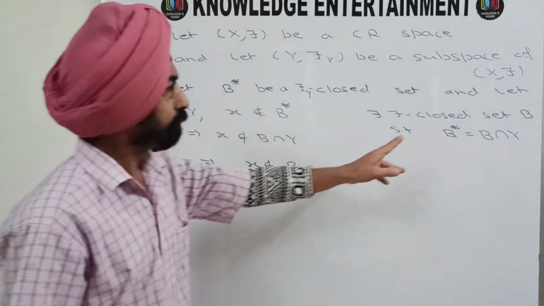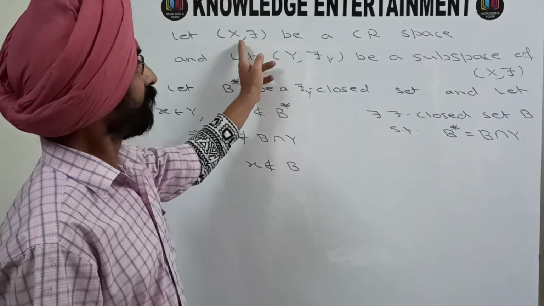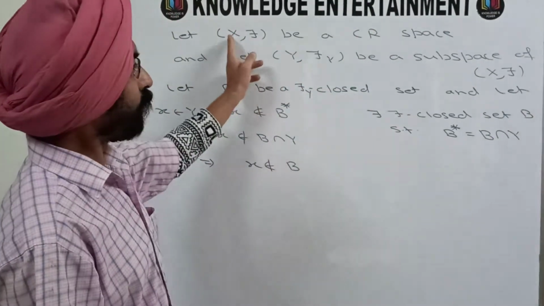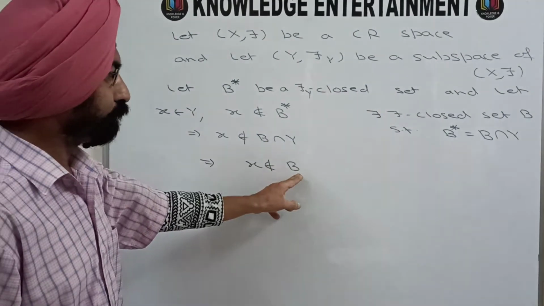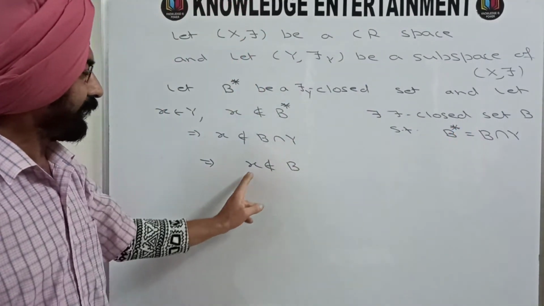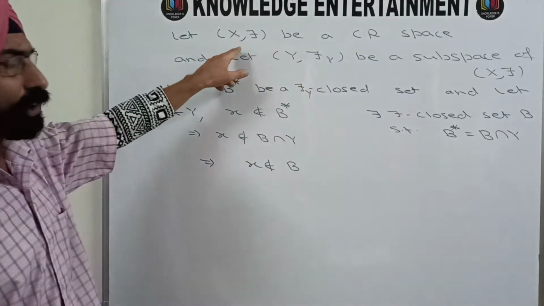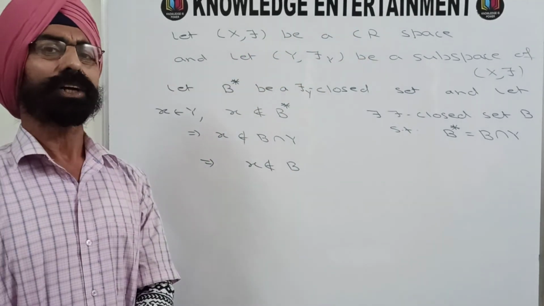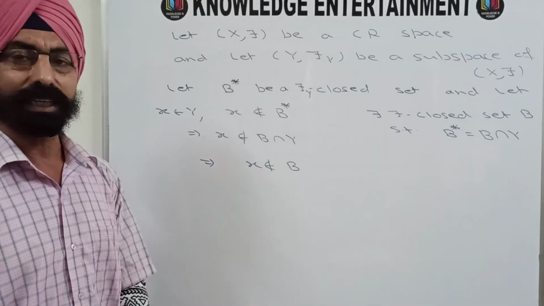And what is B? B is a tau closed set. X tau is completely regular. We have taken x from X and a tau closed set B such that x does not belong to B. From complete regularity of X tau, we can find a continuous map F from X tau to [0, 1] satisfying the given condition.